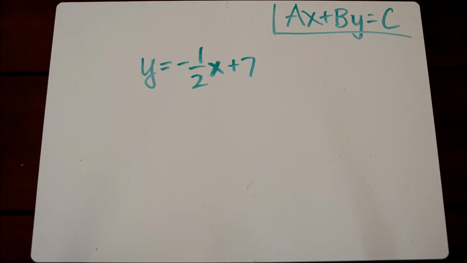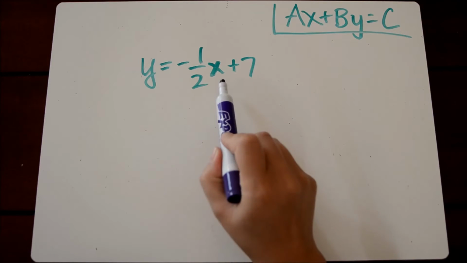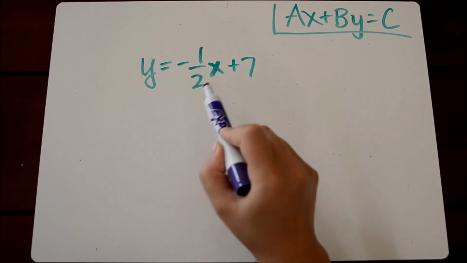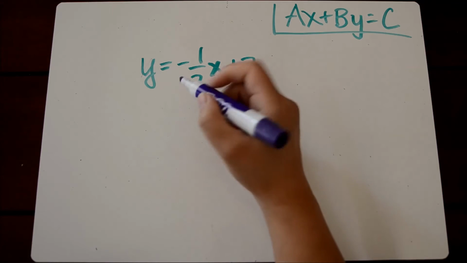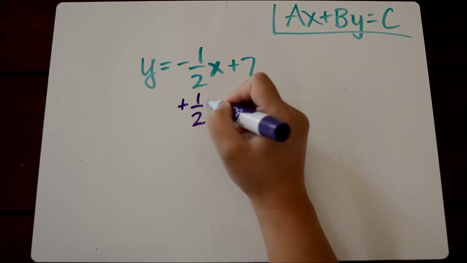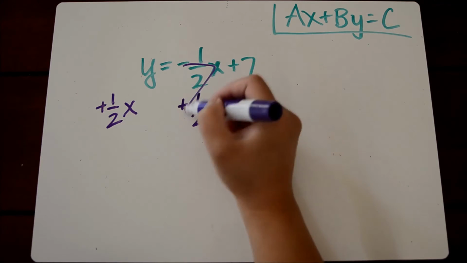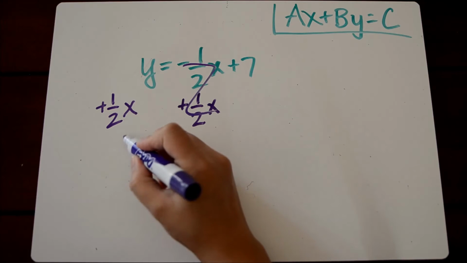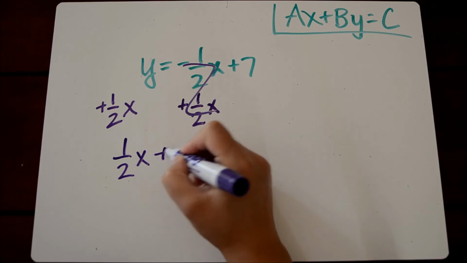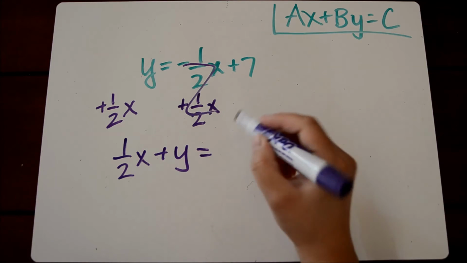Let's take a look at an example that's written in slope-intercept form. Again, I have standard form written in the top right corner as a reminder of what our answer should look like. We need to move our x term to the left-hand side. So we're applying inverse operations. I'm going to add because there was a negative x there. And we get 1/2 x plus y equals 7.